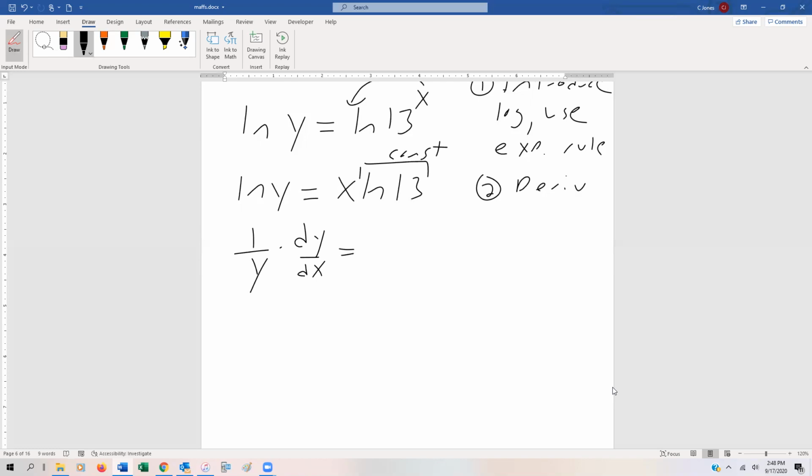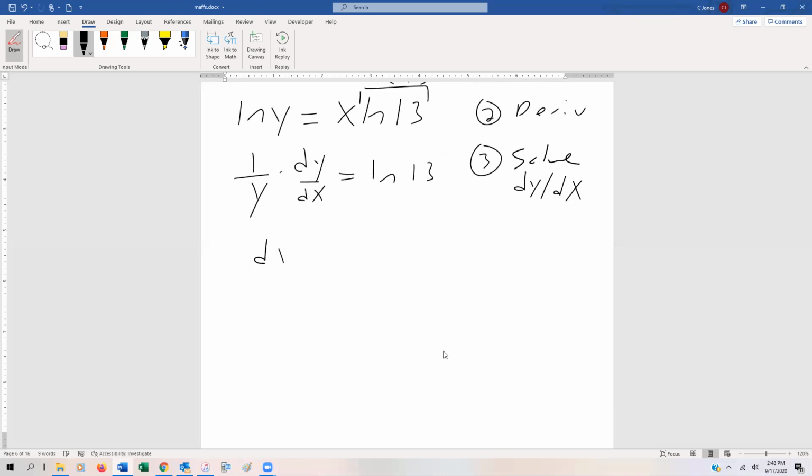The derivative of x is 1, so we just wind up with ln of 13. After we take the derivative, the last thing we do is solve for dy/dx. To do that, we multiply both sides by y, so dy/dx is equal to y ln of 13.